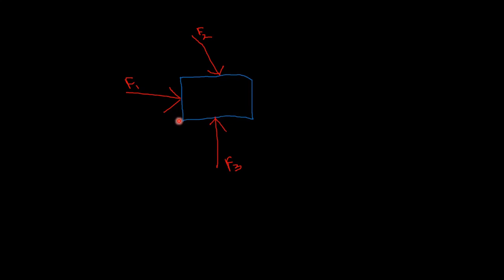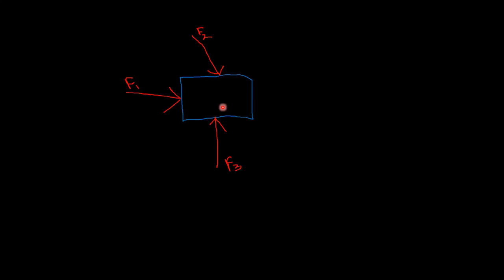According to the principle of independence, the force acting by F1 on the body is independent of F2 and F3. So the whole force would act on the body, and there will be no effect of F2 on F1.